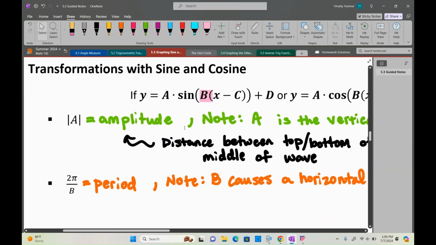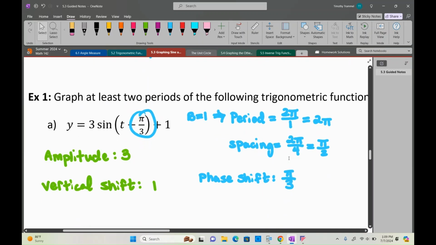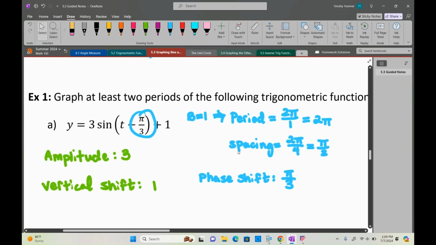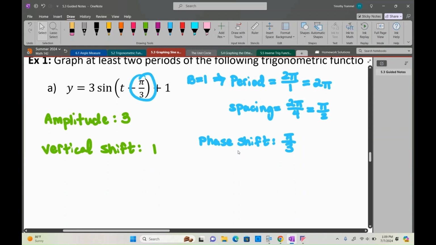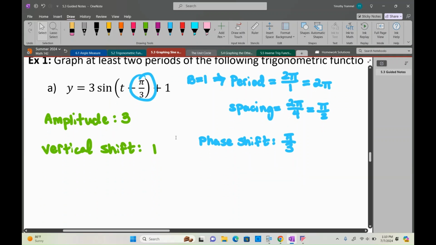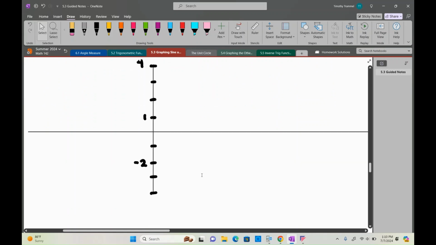So right, this was C, some number that we're going to be adding or subtracting with x. What I want us to do here is actually start off on the x-axis by graphing the phase shift. And so our phase shift here is pi over 3. So let's go ahead and do that.